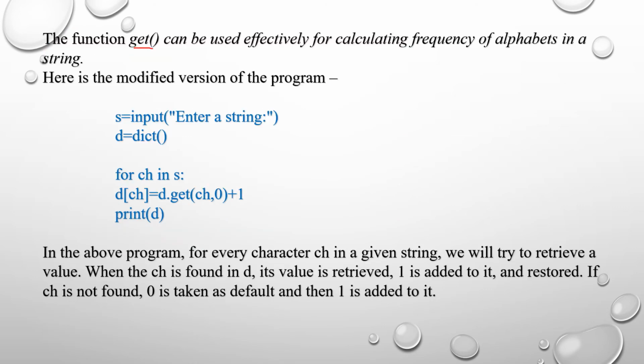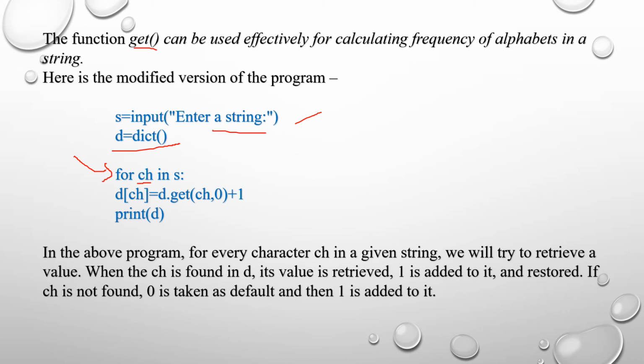The function get can be used effectively for calculating the frequency of alphabets in a string. Here is the modified version of the previous program. So s is equal to input, enter a string, is asking for the user input. After that we are creating one empty dictionary. Then we declare one for loop, the loop variable name is ch in s.